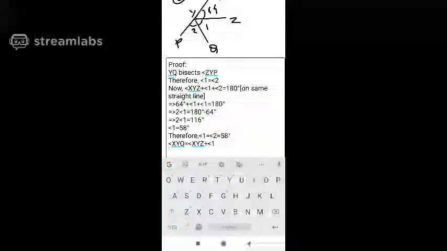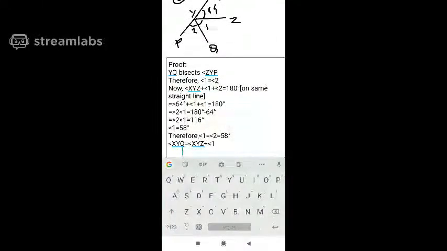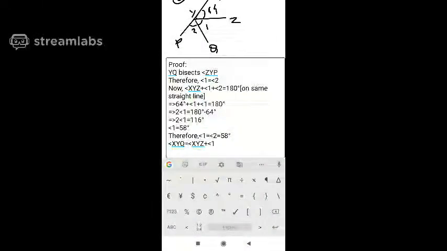XYZ means 64 degrees, angle 1 means 58 degrees. So we will get 122 degrees.